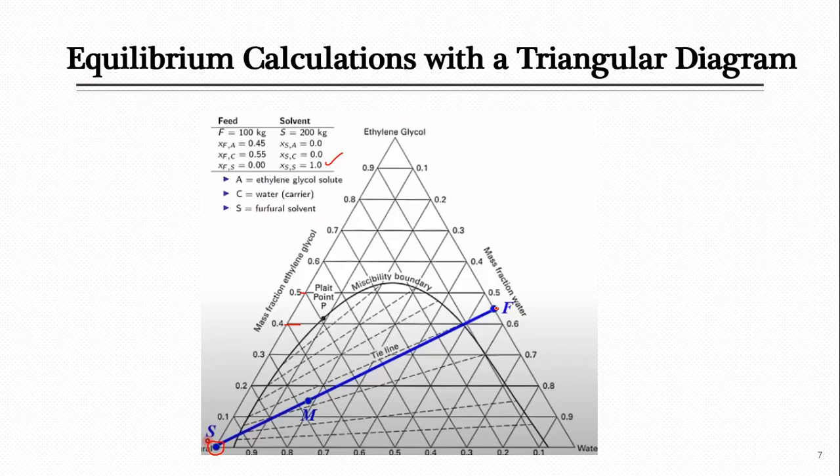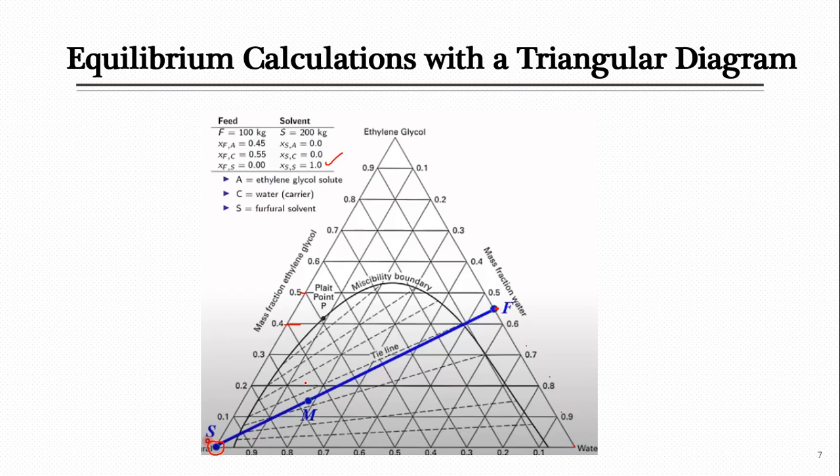When you have 45% ethylene glycol, water will be 55% at this point, and you can verify: water is 100% at this corner, then 90%, 80%, 70, 60, and this is definitely 55% for water and 45% for ethylene glycol.